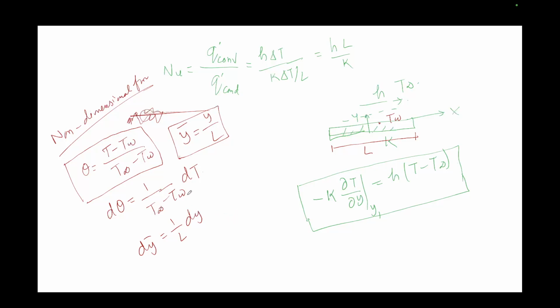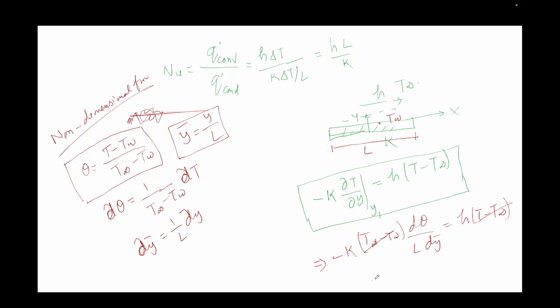So in place of d theta I write this, and in place of dy I write L into dy dash, equal to h times T minus T infinity. This one gets cancelled out.